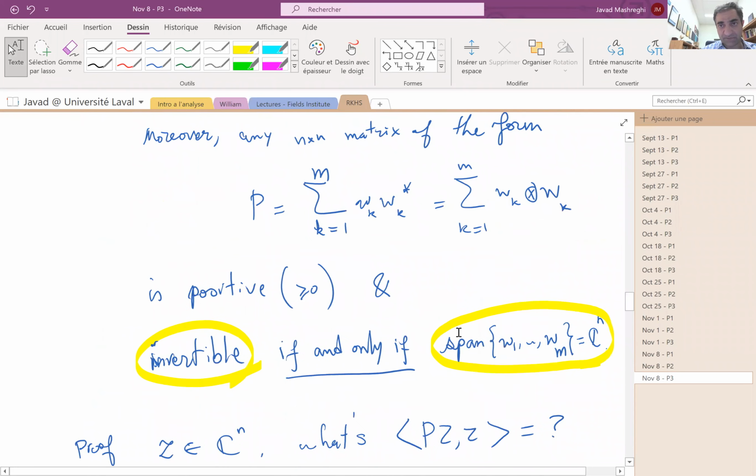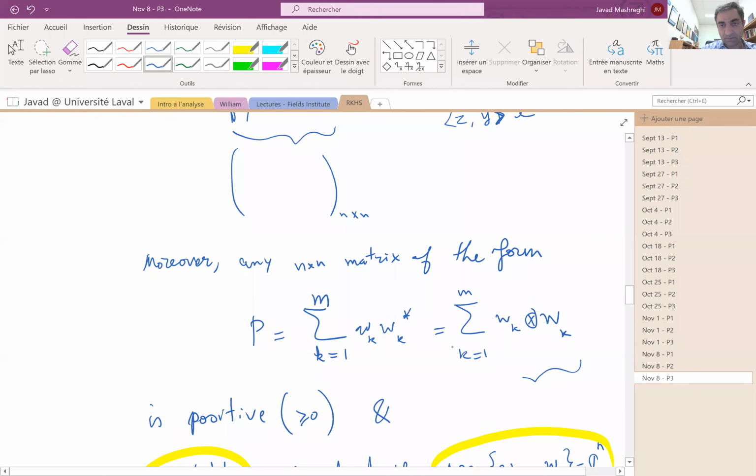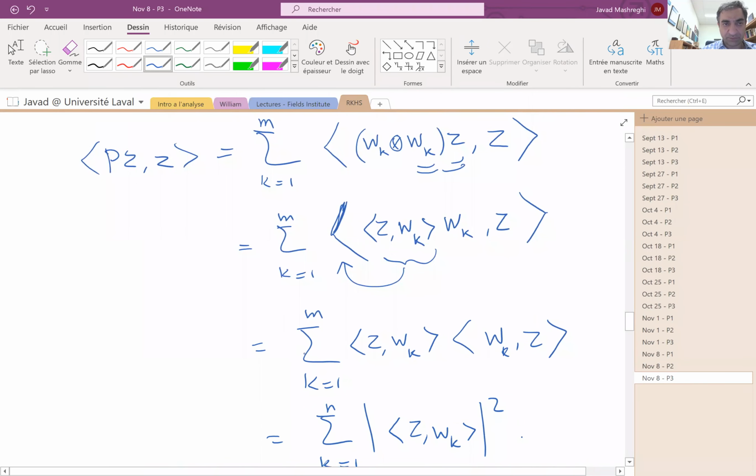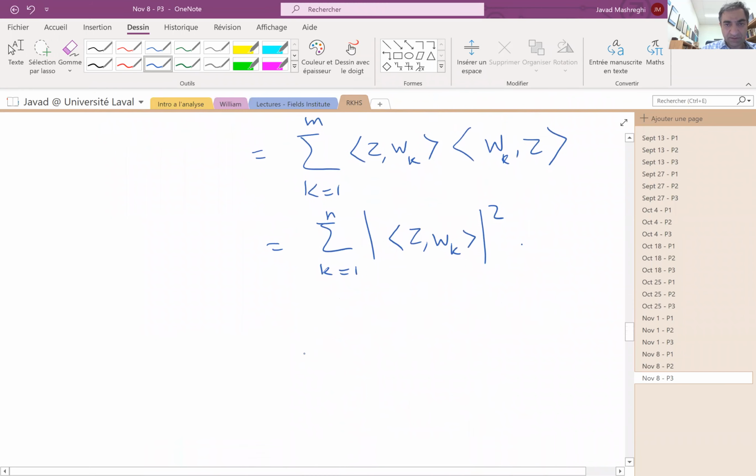If I use this formula, I use this one. If you want to use the other one, you still obtain the same thing. For the inner product of two vectors, say x and y, two vectors, note that this is equal to y star times x.